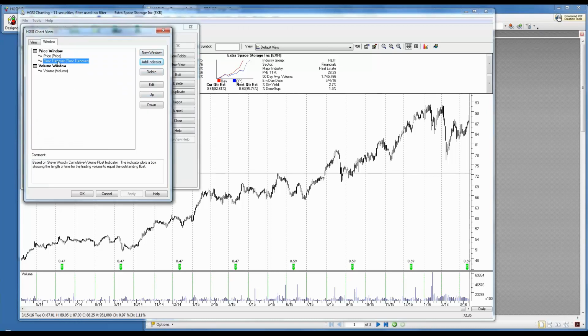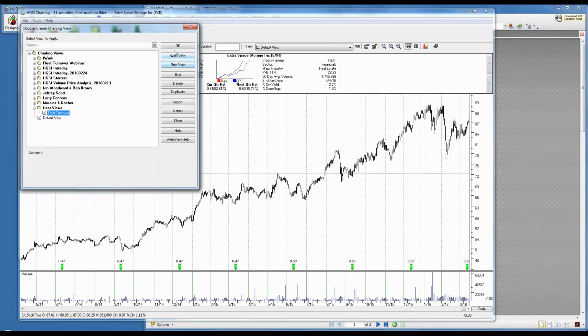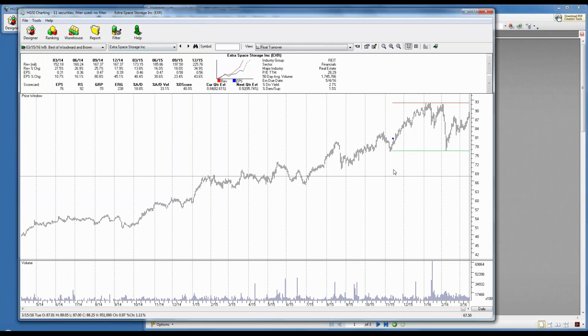Now, the first thing you might want to do when you add the float turnover is to put it above the price in the chart window, because when it draws in filled mode, any indicator below it will be drawn on top of it. So having it be first in the window makes for a better view. So here we go, and by default what you get is 2 lines.